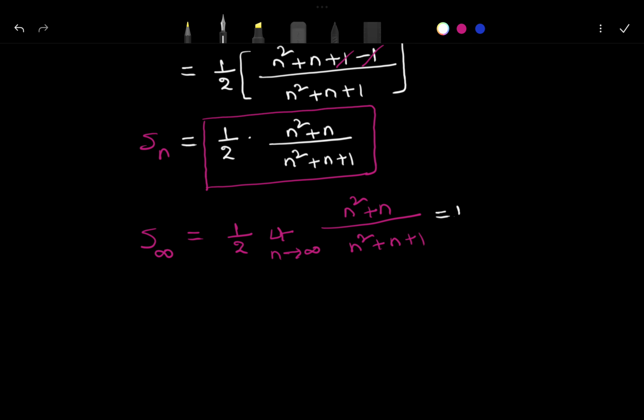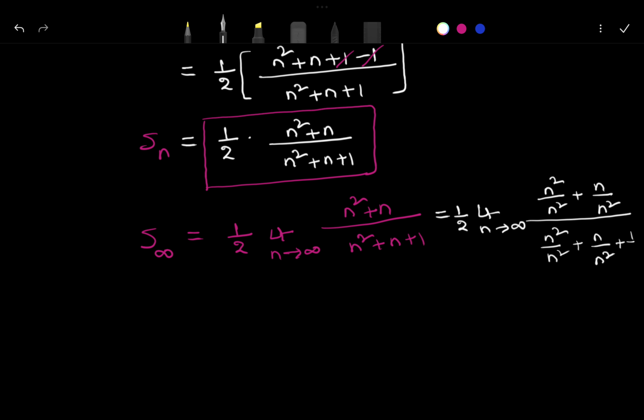Numerator is a polynomial, denominator is also a polynomial, so while finding infinite limits, you divide numerator and denominator by the highest power of the term. That means divide with n square by n square plus n by n square, whole divided by n square by n square plus n by n square plus 1 by n square.